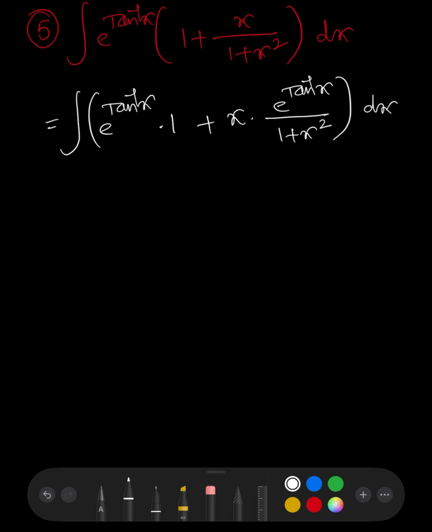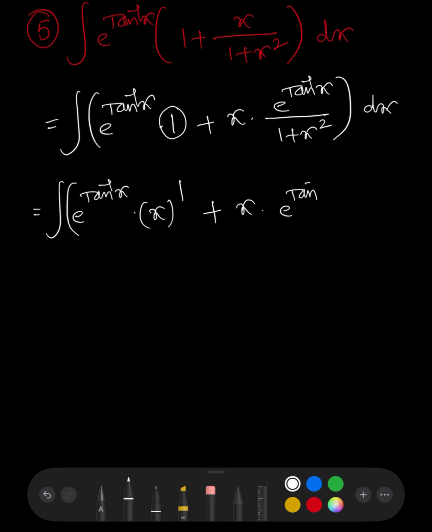Now if you observe this carefully, I can write it as the derivative of x plus x into e power tan inverse x by 1 plus x square, which is the derivative of e power tan inverse x dx.